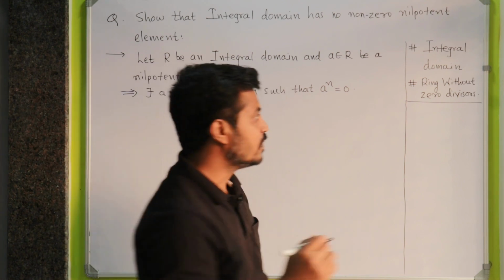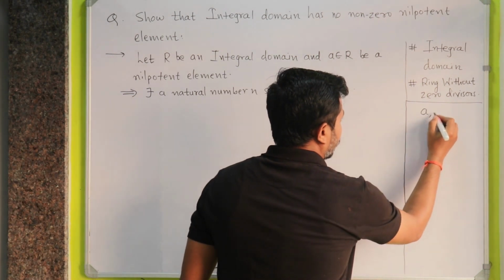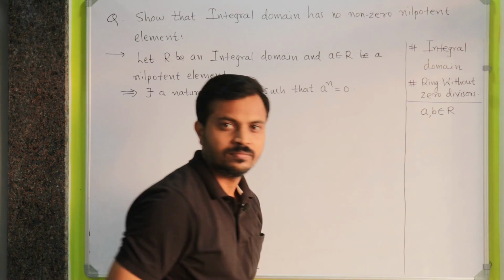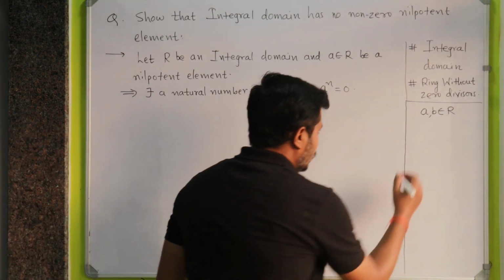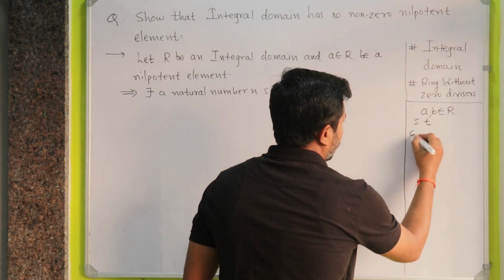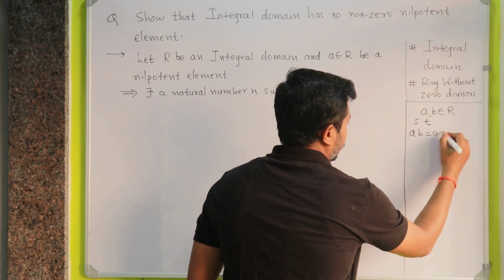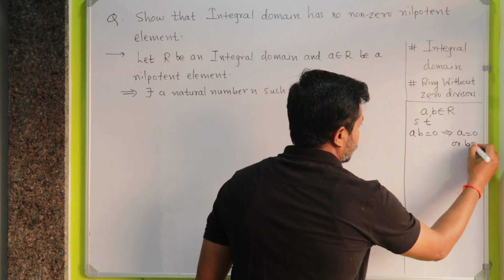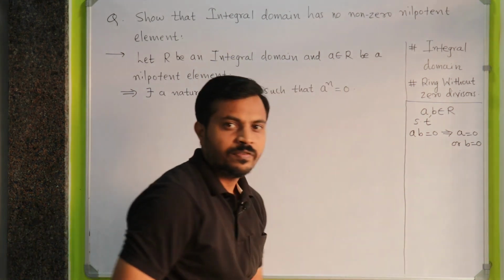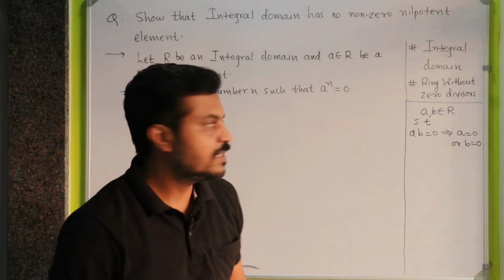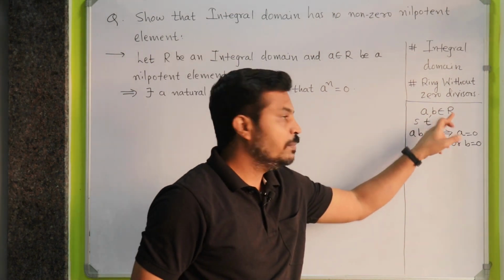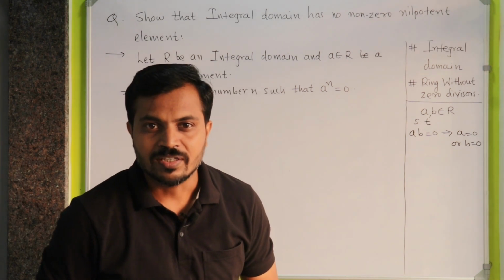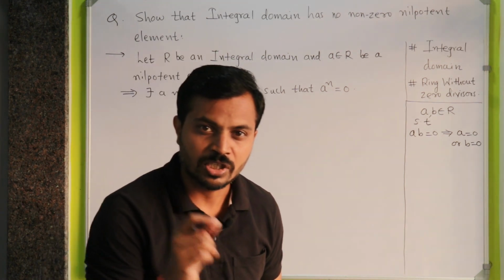The condition is, if you take any two elements of the ring R such that AB is equal to 0, then this should imply A is equal to 0 or B is equal to 0. If this condition is satisfied by any two elements of the ring R, then we will say that the ring is without zero divisors.